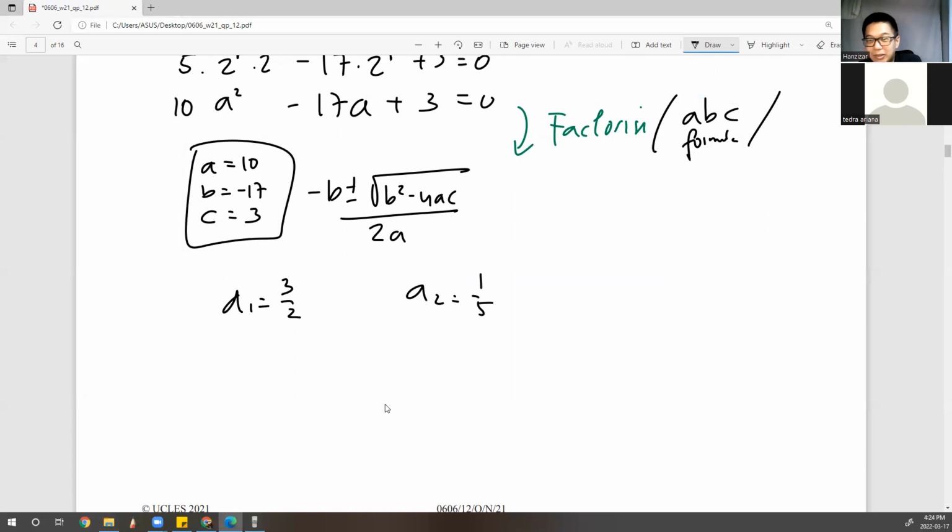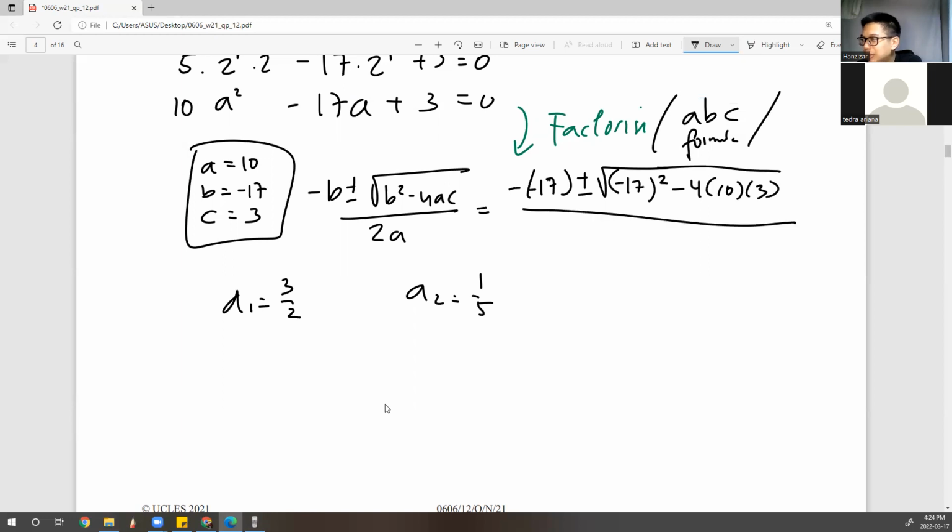The question is, if you are asked, do you have to write down all the b here inside? Yes. Negative 17, right? Plus minus the square root of this, because if you cannot express this, you will get mistakes, or the score will not be maximum. Minus 4 times 10 times 3, over 2 times 10. And then, yes, this is the answer.